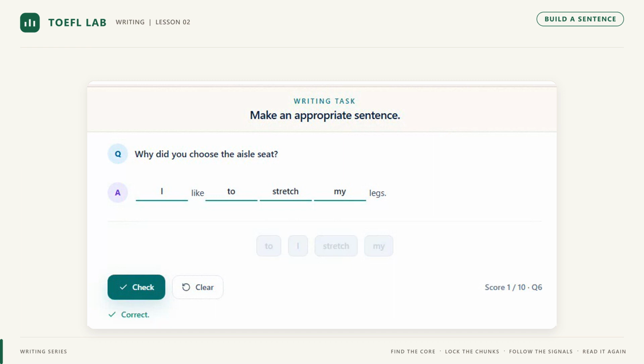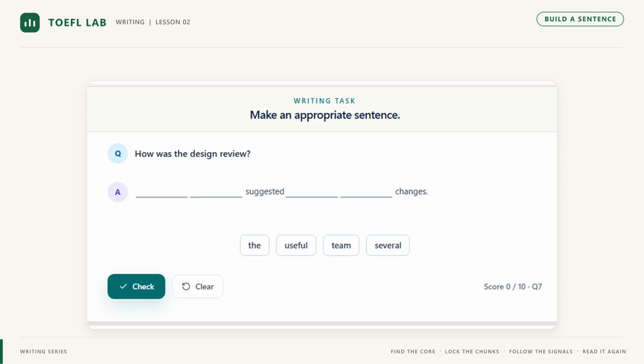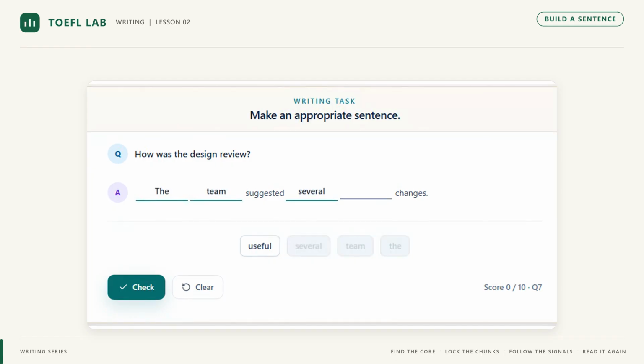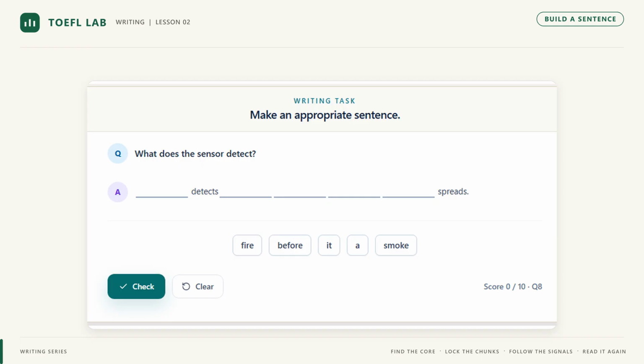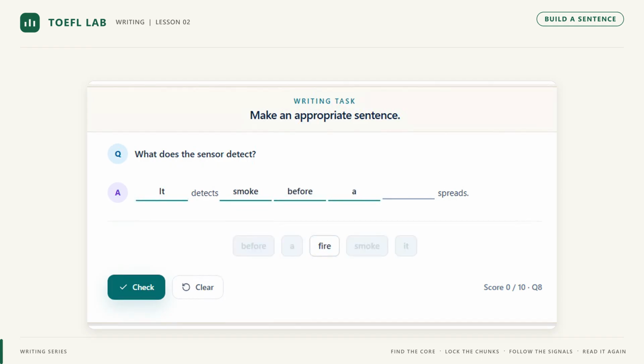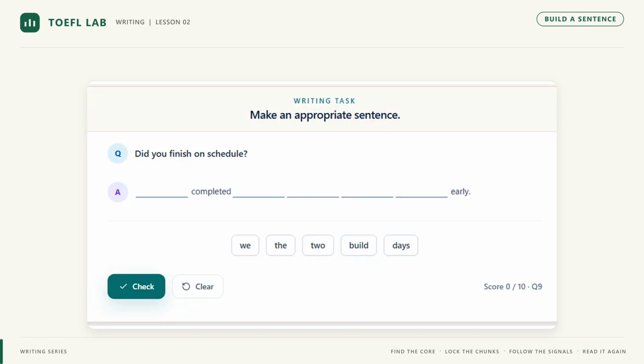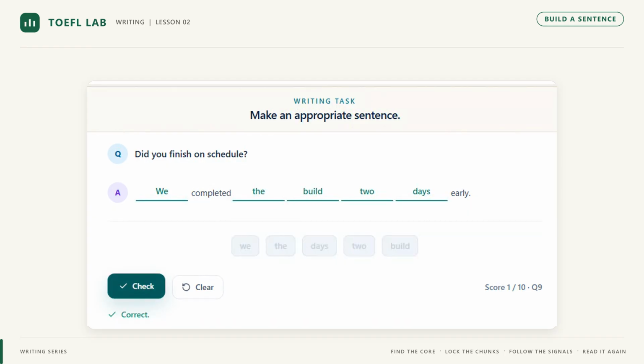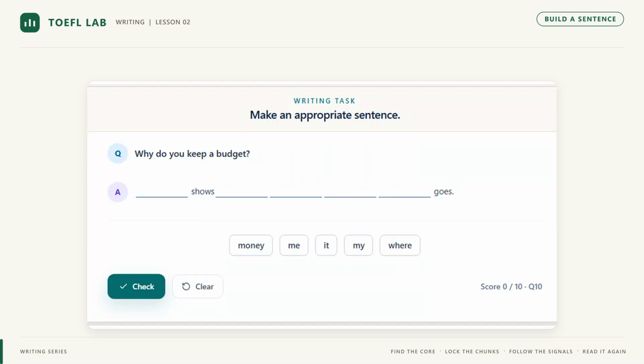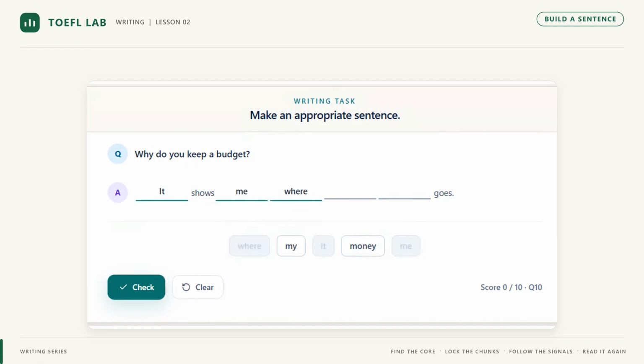I like to stretch my legs. The team suggested several useful changes. It detects smoke before a fire spreads. We completed the build 2 days early. It shows me where my money goes.